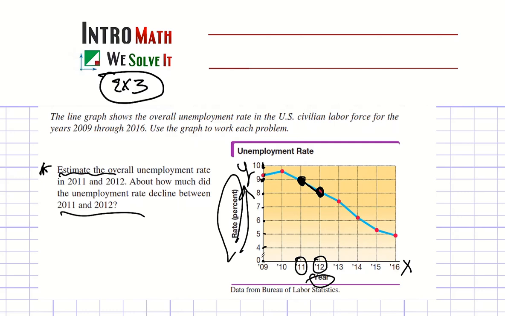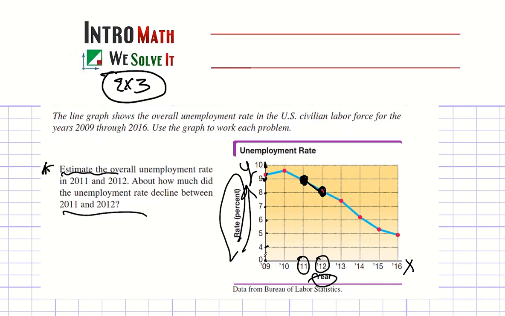So we can say that, I mean, what do they say? Estimated overall unemployment rate, because these are rates. Okay, these are rates. So you can say here, 2011 it was, you can read it up here, it was 9%. The rates are in percent, you see.